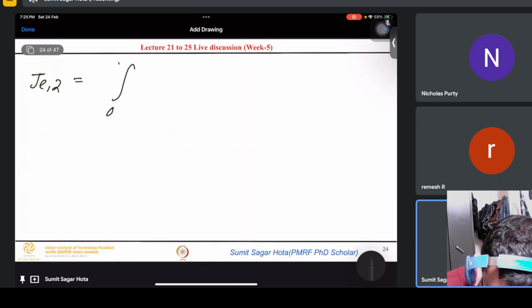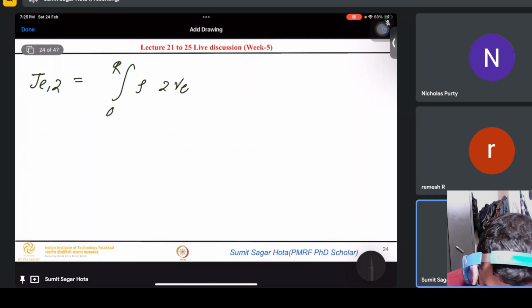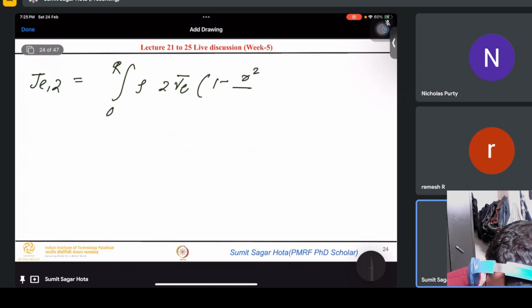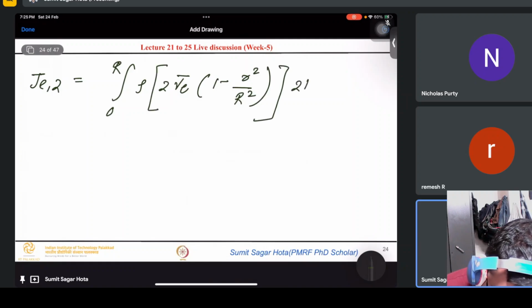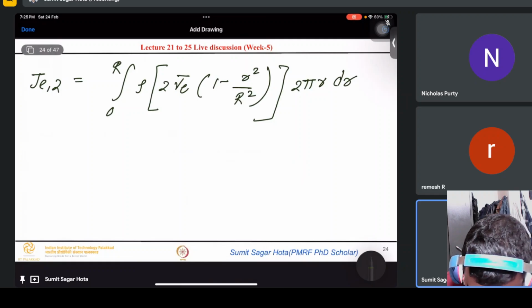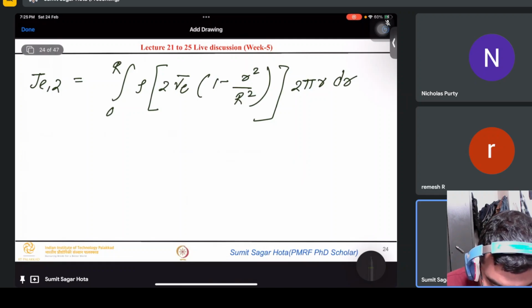So the upper limit is obviously R. Write down the profile in terms of this, easy for integration, times 2 pi r dr. This 2 pi r dr is your perimeter of the circular port.